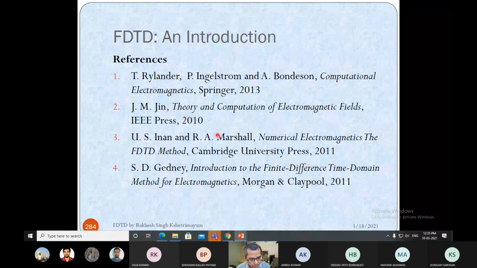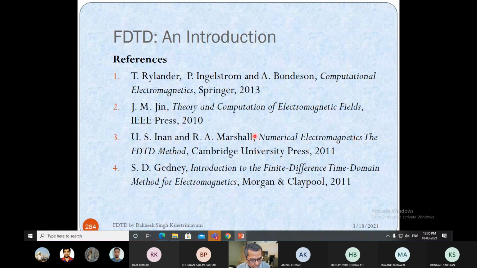This third book is by a former professor at Stanford University, Professor Inan and Robert Marshall. This is published by Cambridge University Press in 2011. Numerical Electromagnetics, the FDTD Method.